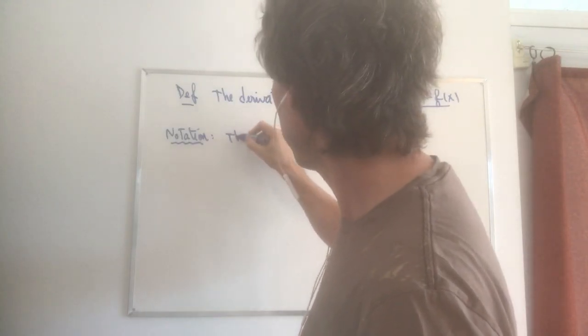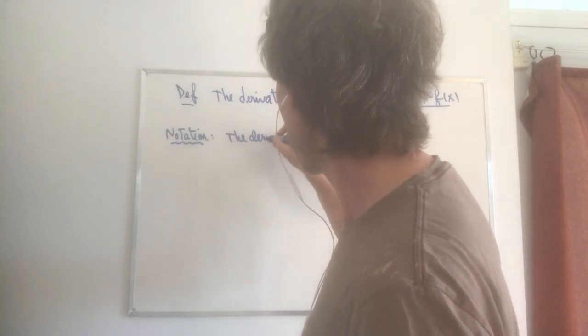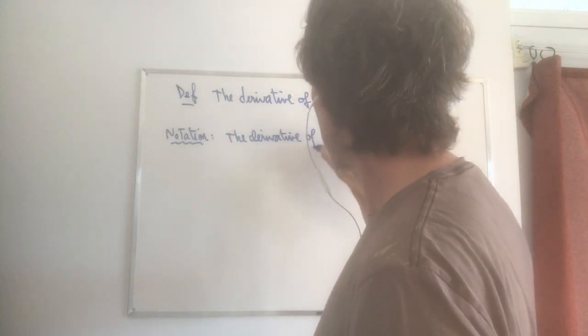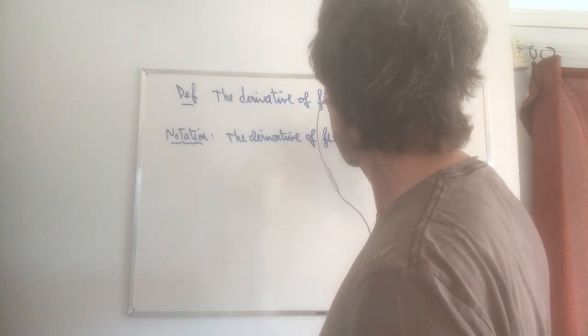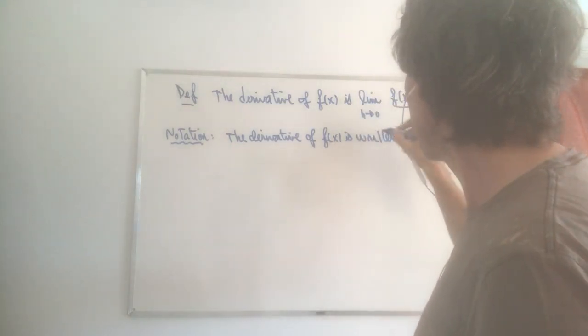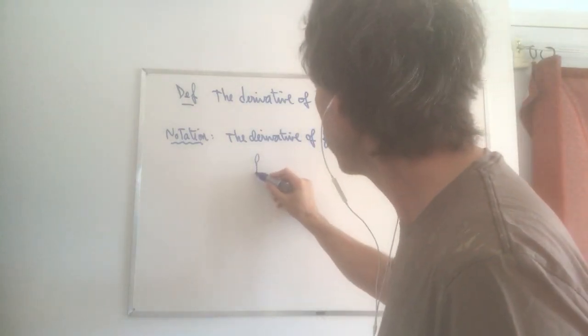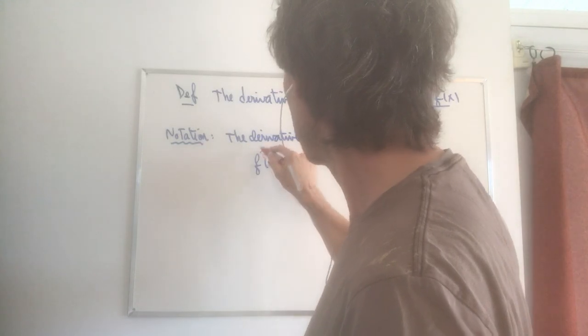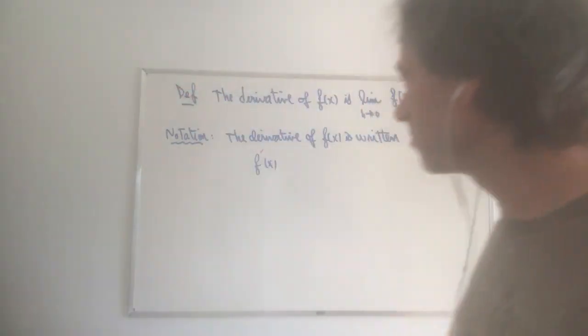The derivative of f is written, there are several ways to do that. We have f of x with a little apostrophe here. So it's not read f apostrophe. What is it read?